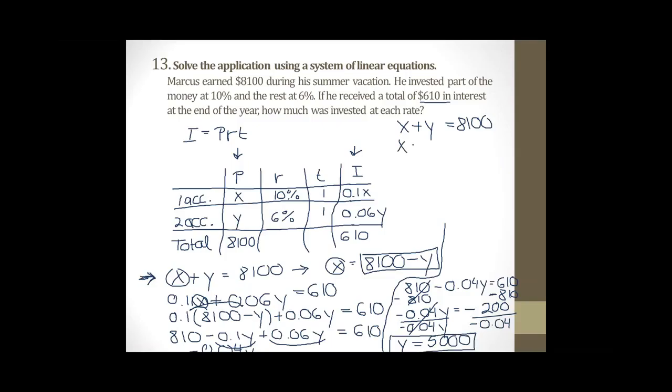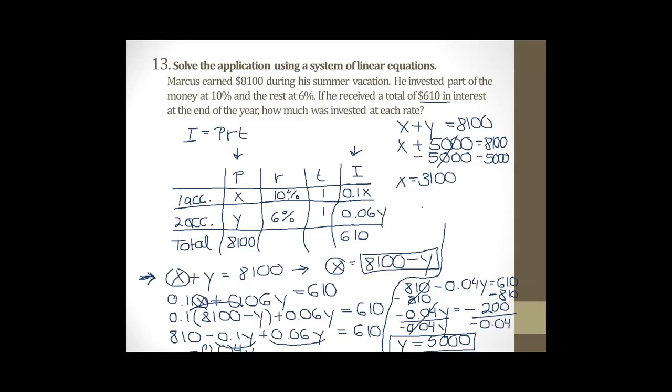So x plus 5,000 is equal to 8,100. Subtracting 5,000 from both sides, our x is equal to 3,100.